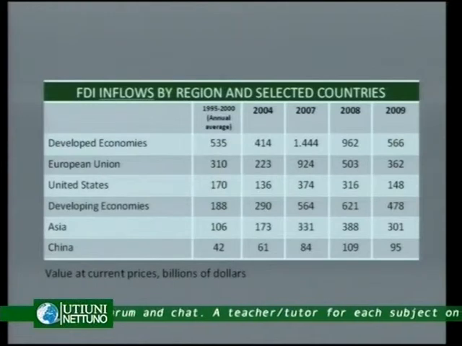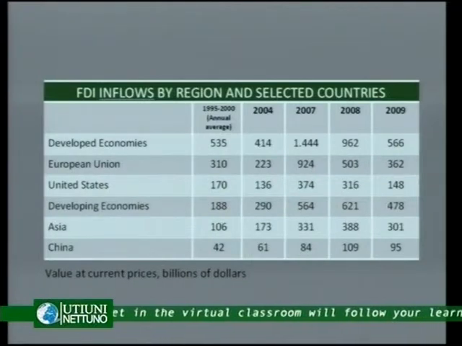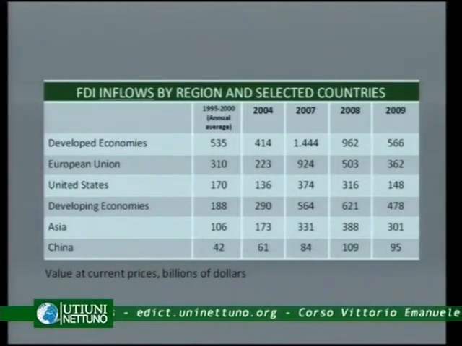The role of developed economies is very important, but we can see from this data that the relevance of developing economies has also been increasing during these last years. We can see that the annual average for the period 1995-2000 in developing economies was 188 billion dollars.